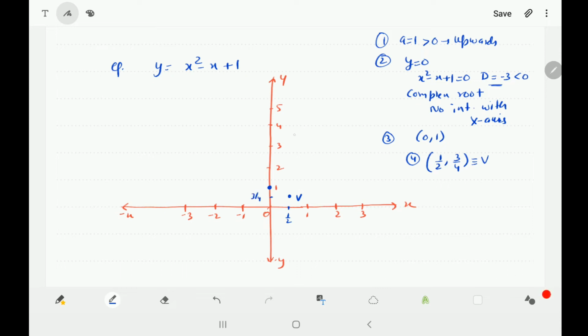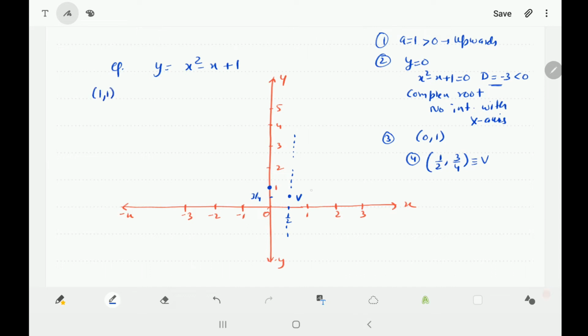Now because we already know the graph is symmetric about the vertex, obviously we will draw a vertical line. Let's take a few more points which will give us an idea where the graph will go, but I am already able to find out that the graph will go like this. It will be opening upward and it will be passing through V as a minimum point. So let's take x equal to 1. At x equal to 1, the value will be 1 only.